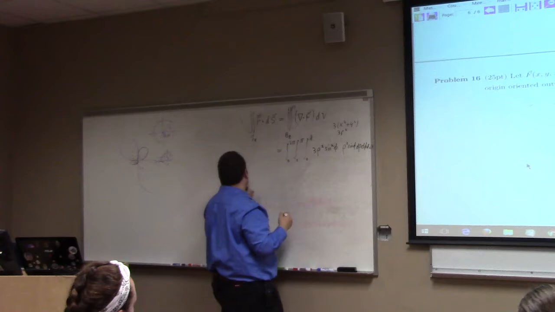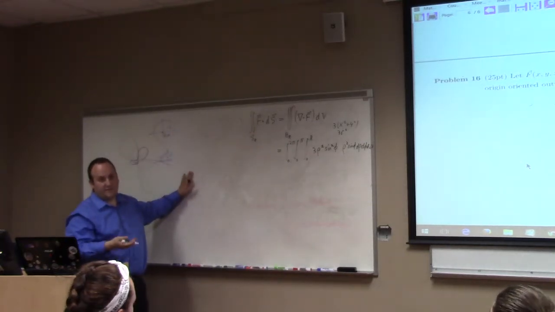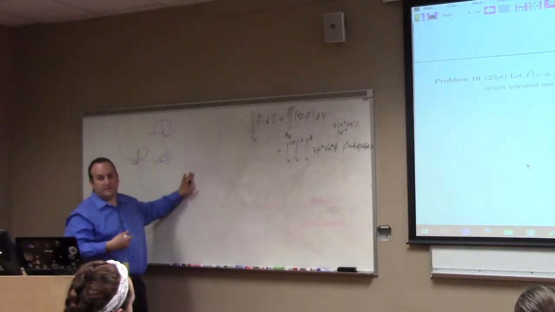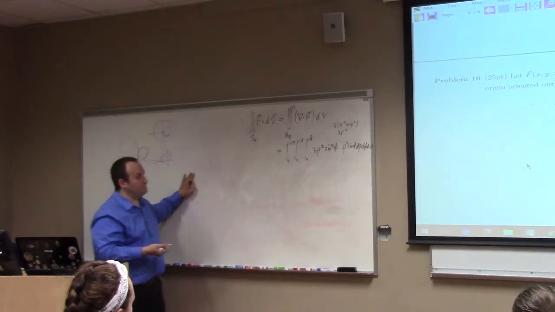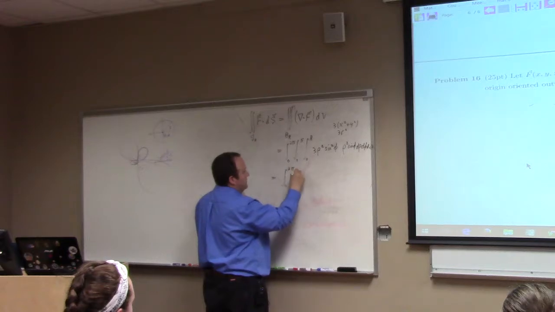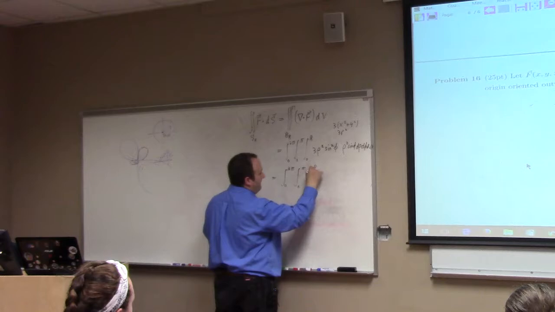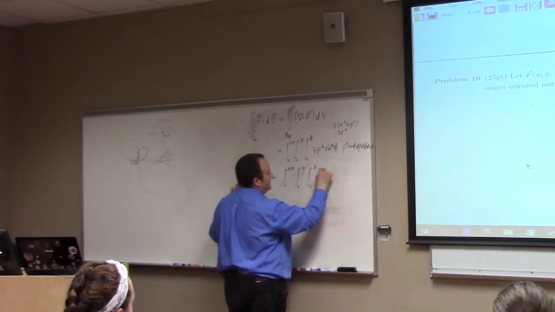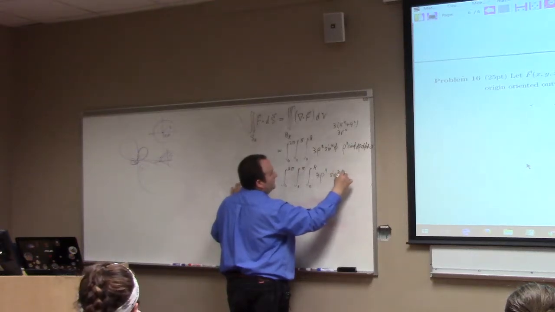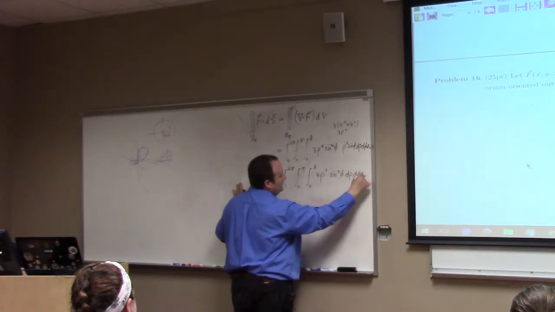Because we know that, as I just erased over here, the relation between the cylindrical radius and spherical radius is that the cylindrical radius is rho times sine phi, right? So what do we got? Integral from 0 to 2 pi, integral from 0 to pi, integral from 0 to r, looks like I've got 3 rho to the 4th sine cubed phi d rho d phi d theta.